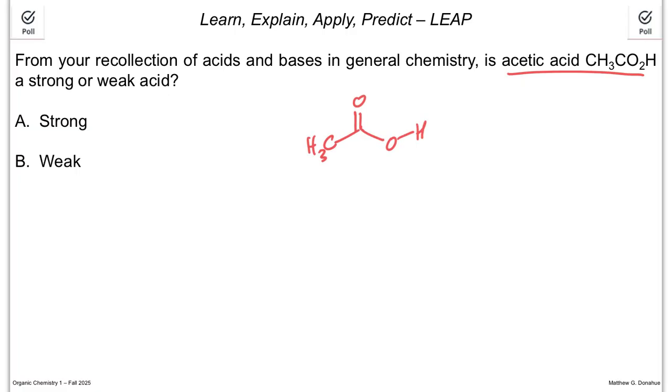That's the common name. It has a different formal name. We'll learn some of that maybe in this module or the next one. But it has 2 carbons. It's a carboxylic acid. So 2 carbons is ethane. This is called ethanoic acid.